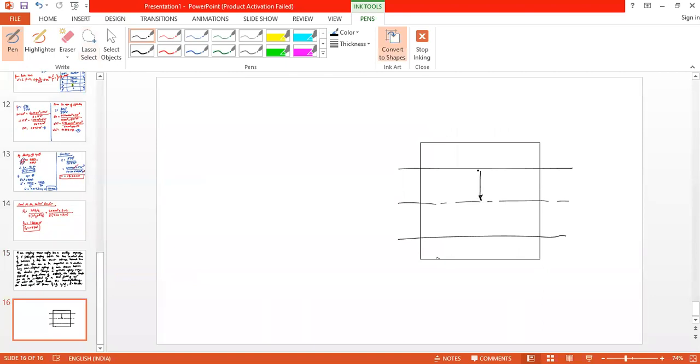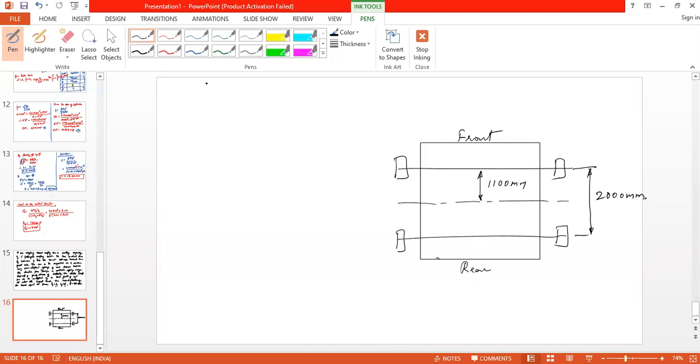This is at a distance of 1100 mm from the front axle. And this is the rear. And what is the wheelbase? Wheelbase is the distance between the front axle and the rear axle, that is 2000 mm.